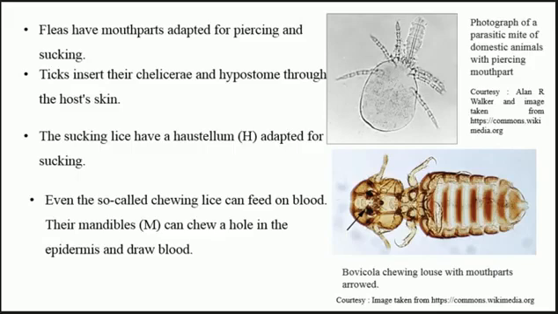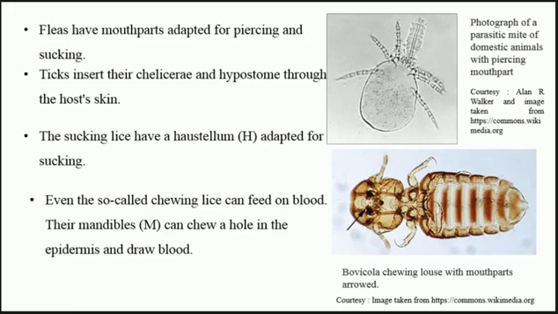Now there are some lice which can chew. Even though it is a so-called chewing louse, it can feed on blood, so they also feed on blood, but before that they chew out the skin and open up the dermal area, then the capillaries open up and they start feeding on the blood.